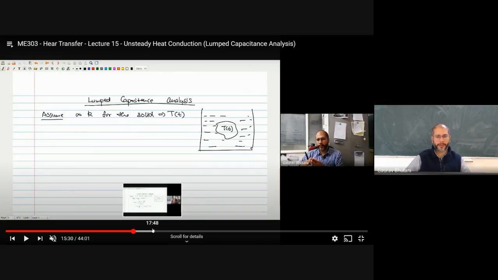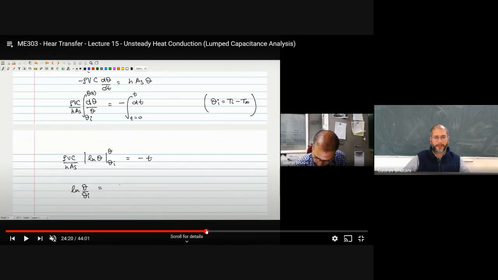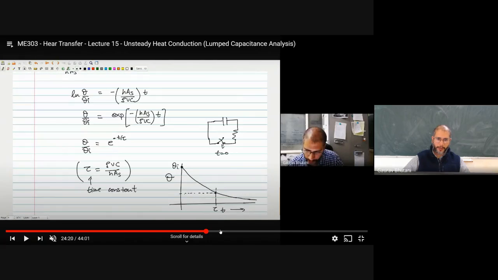Okay, so we proceeded with the lumped capacitance analysis, where we could assume that the spatial dependence on the temperature is almost negligible. So that means the whole body is at almost the same temperature, and it very quickly reaches that temperature. So the time response is very quick. The major difference between the temperature is between the body and the surrounding fluid that is cooling it. So here we could not apply the heat conduction equation, but we applied the energy balance equation, and we derived the equation and we solved it, and we saw that it is extremely analogous to our RC circuits.